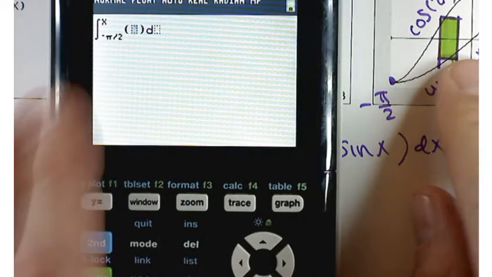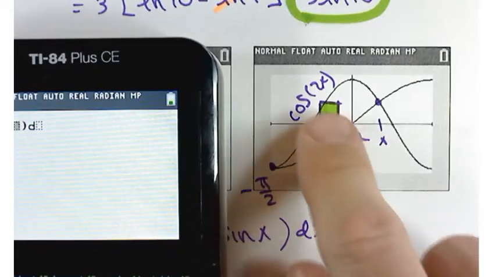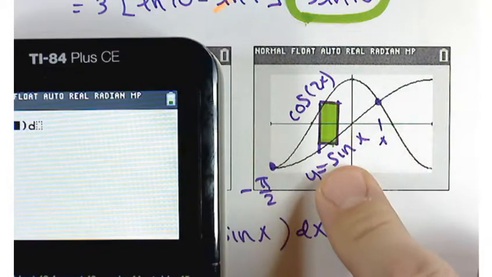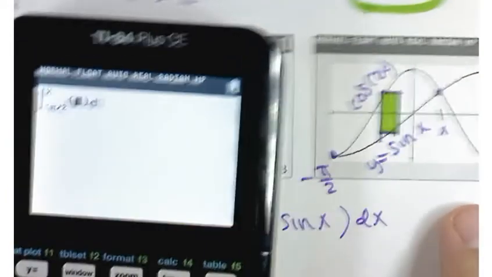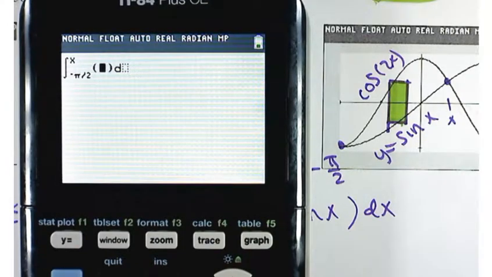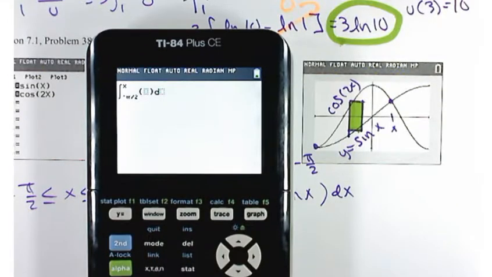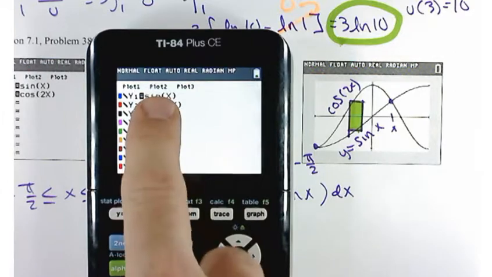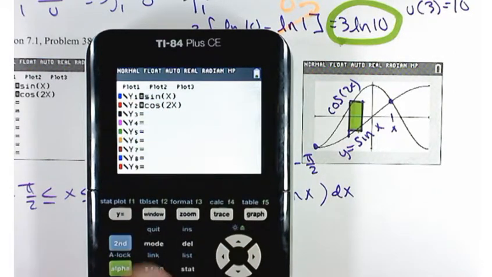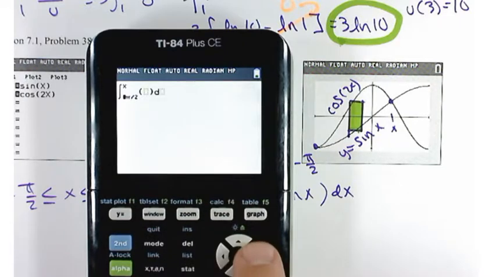Now, you can either type in this function, cosine of 2x and sine of x, or let me show you one last little trick here that can make your life a little bit easier. Instead of typing in those functions, we've already typed in those functions into our calculator, right? They're in y1 and y2. So what I'm going to do here is I'm going to type in y2 minus y1.